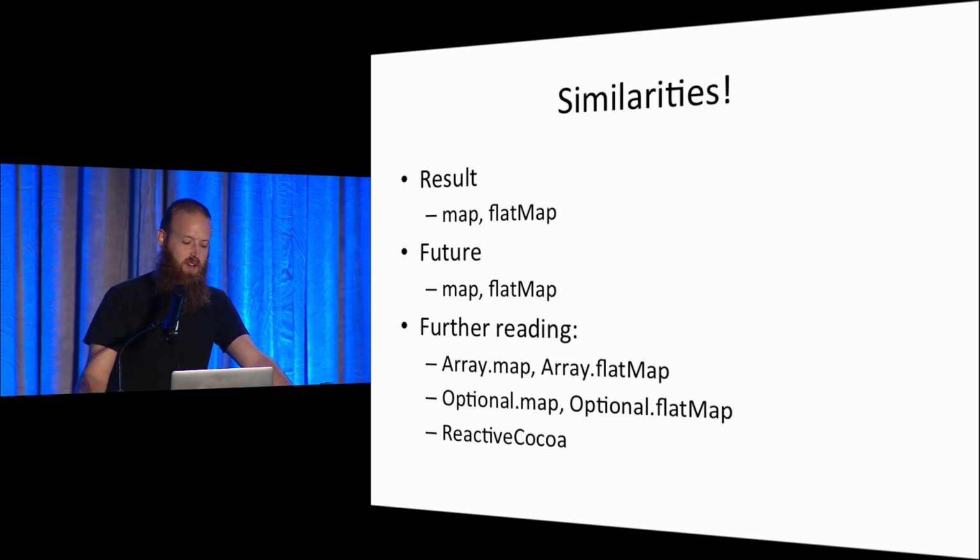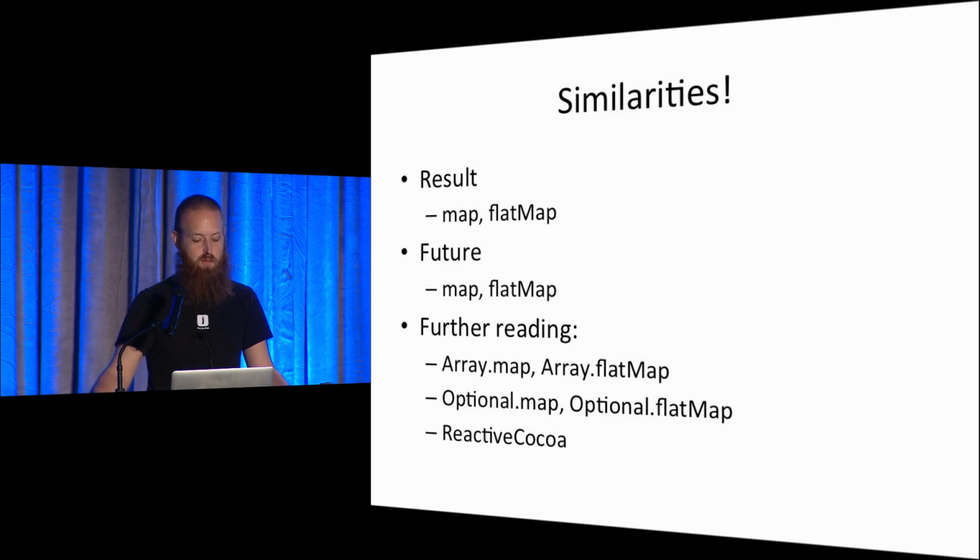But you may have noticed some similarities between result and future in that they both had map, they both had flat map, and in fact, as an exercise to the reader, I encourage you to look at Swift's array and optional classes, which also have map and flat map.